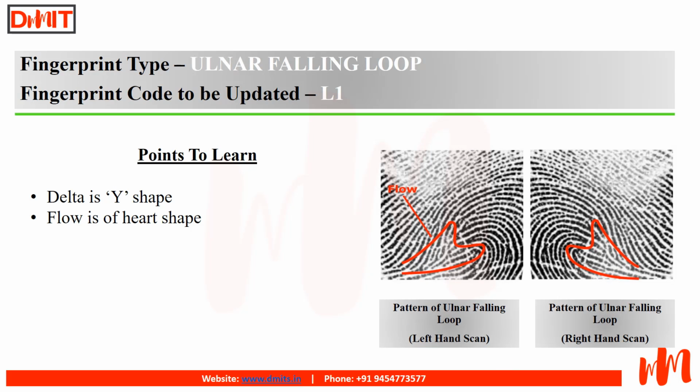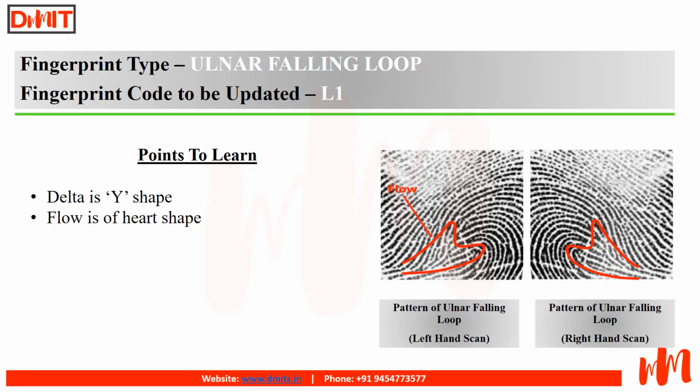Next we have ulnar falling loop. In ulnar falling loop, again the flow in case of left hand scan starts from the left side and flows towards the left side. The only difference between ulnar falling loop and ulnar loop is that in ulnar falling loop, the flow will be heart shaped.